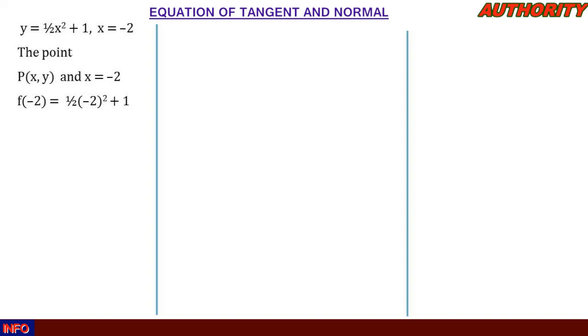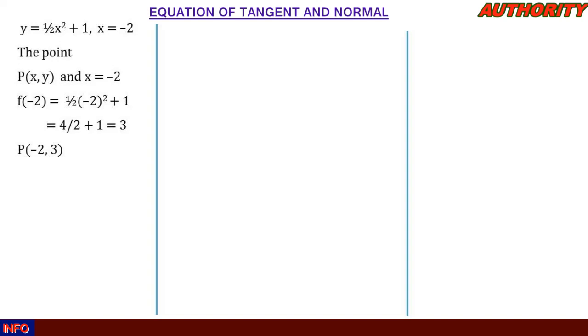Minus 2 squared is equal to 4, 4 times 1 over 2 is 4 all over 2, and 4 all over 2 is equal to 2. 2 plus 1 is 3. So as we already know x to be minus 2, y is going to give us 3. Then we have the point P open bracket minus 2 comma 3. This is the point of the tangent.